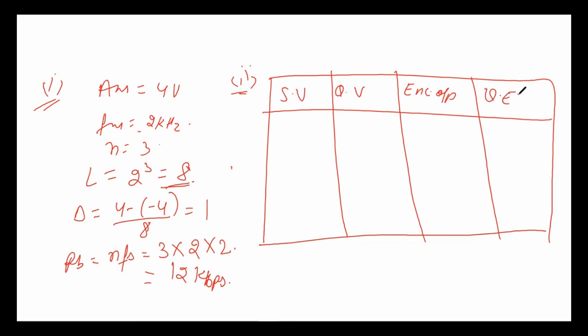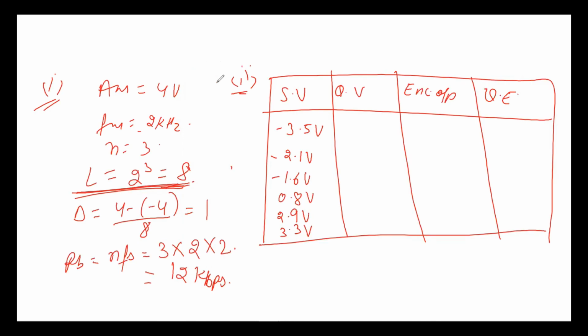So the sample values are given to you as minus 3.5 volt, minus 2.1 volt, minus 1.6 volt, 0.8 volt, 2.9 volt, and 3.3 volt. Now, next you have to find the quantization voltage. Now you can see L, the total number of quantization levels, is given as 8. So first I will make a scale.